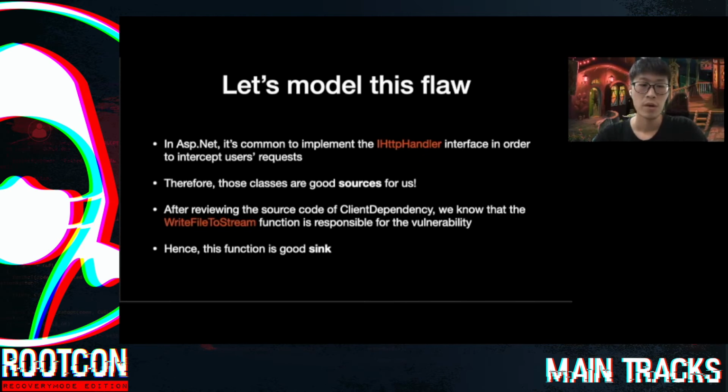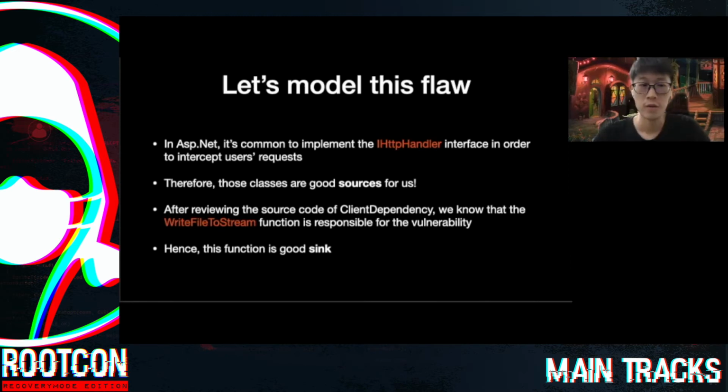Because it would take too much of my time to cover all the steps I did to trace the code to find the root cause of these two vulnerabilities, I will skip them. However, it roughly goes like this. There is a user-controllable input which will be intercepted by the classes implementing the HTTP handler interface.